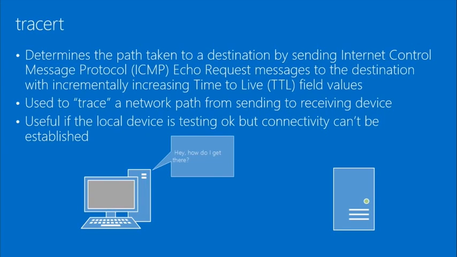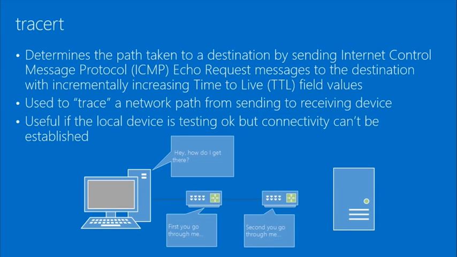So basically the client says, hey, how do I get there? Sends a message. And then as you hit each device, it forwards it to the next device. And you basically get a path from your source to your destination.